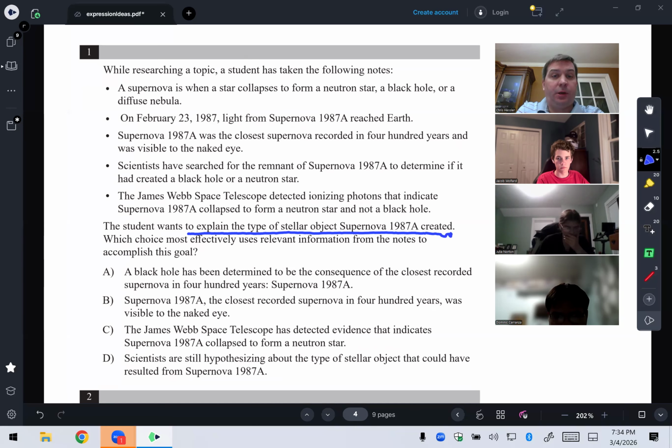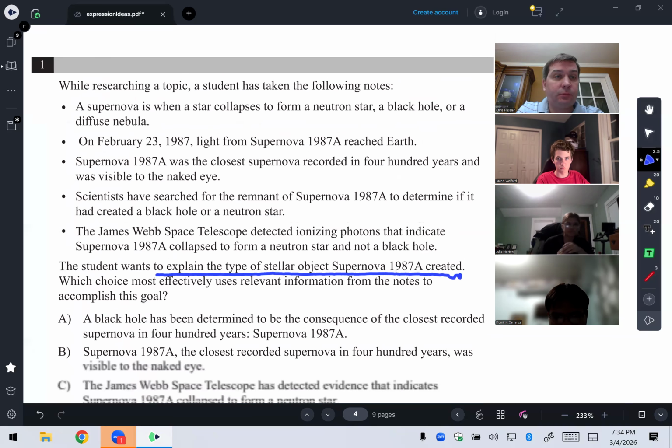All right, so I'm going to go through the bullet list. I'm going to see which bullet points we may need to explain what was created. Here's the first one. A supernova is when a star collapses to form a neutron star, a black hole, or a diffuse nebula. So it sounds like we may have three options here.